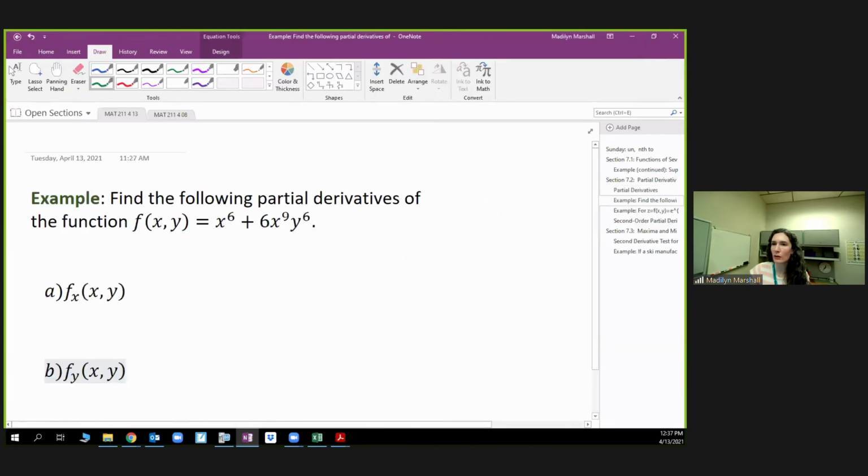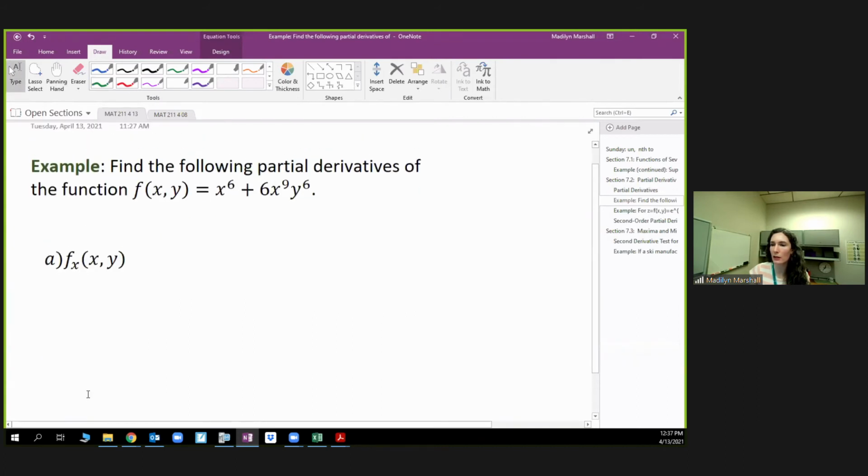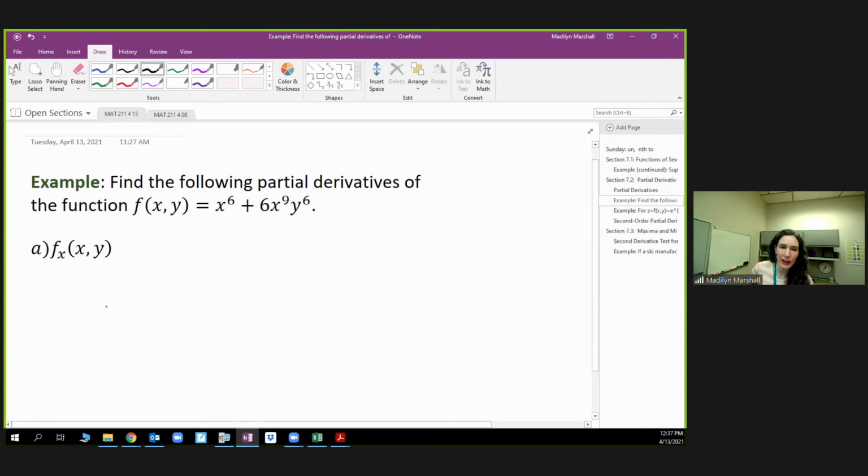So let's do one more. I'm going to move this B out of the way for a second. So we don't have a z in this case, but we just have f of xy equals x to the 6th plus 6x to the 9th, y to the 6th.